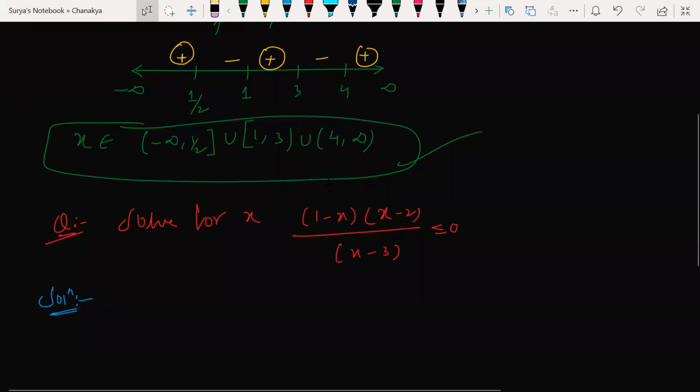Adesha, what is the first step to solve this question? What we need to check first? The coefficient of x, not the value of x. Coefficient of x, whether it's positive or negative here.